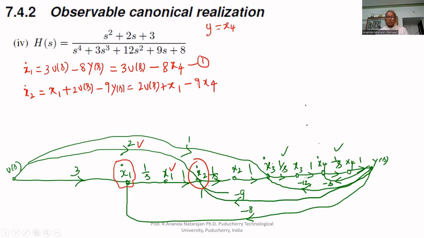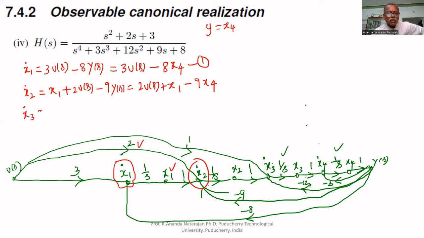Here we are mixing the frequency domain and time domain. In fact, we should not mix them, but here we are using both interchangeably. But better to write in time domain.